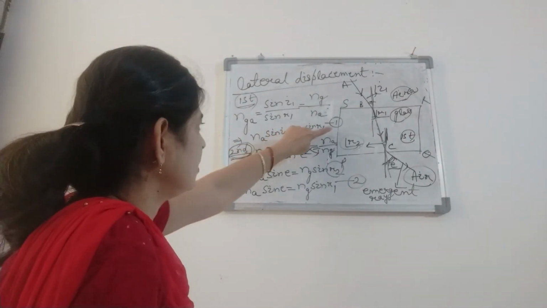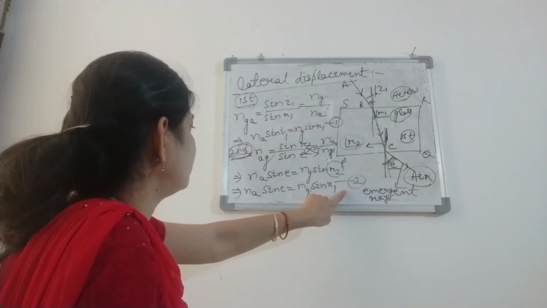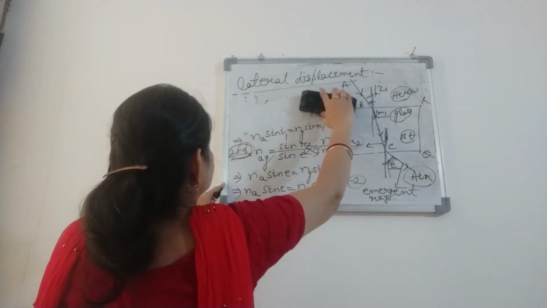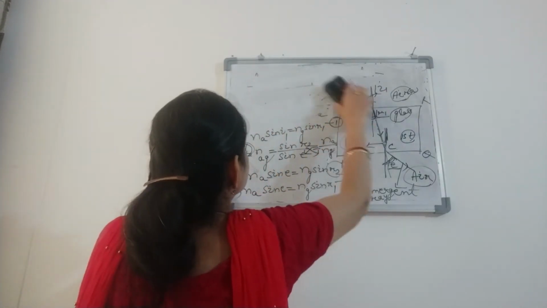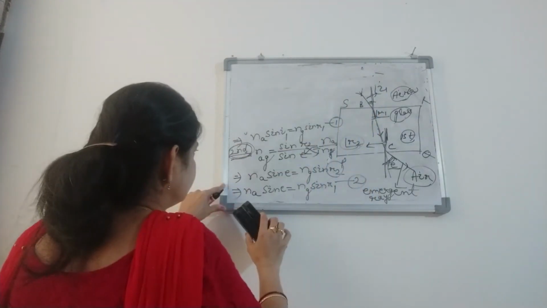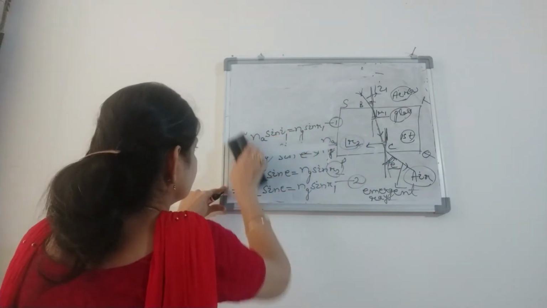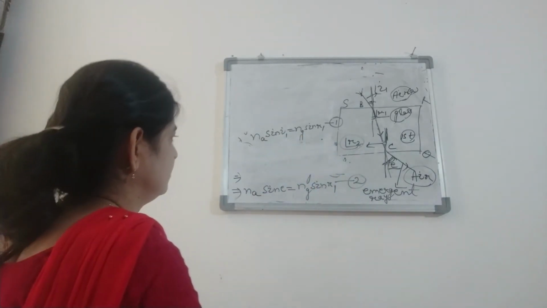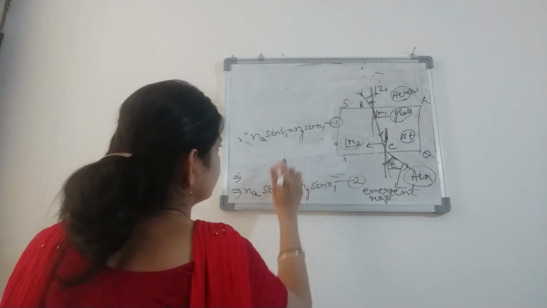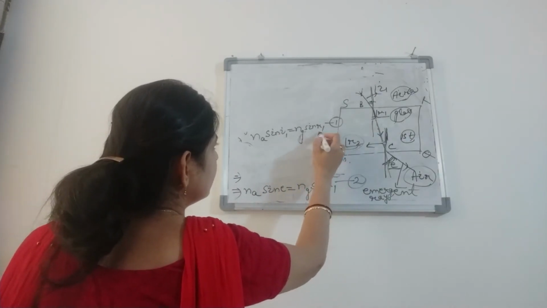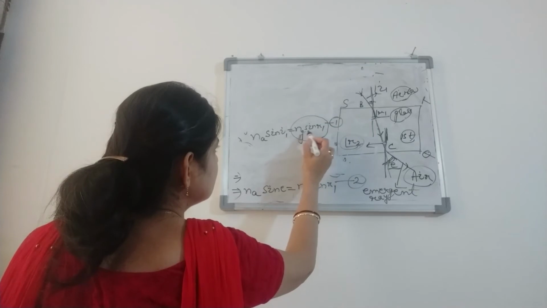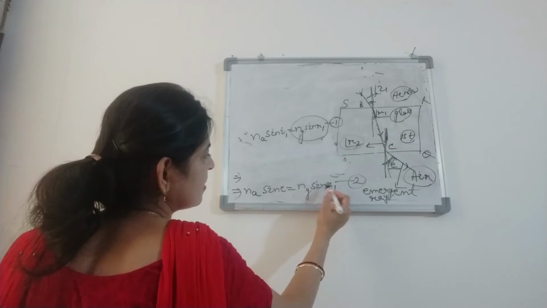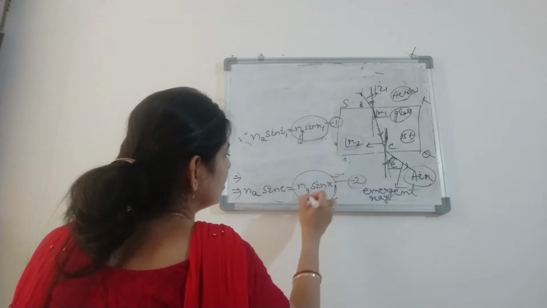Now compare equation number 1 and equation number 2. The right hand side of equation number 1 is NG sine R1 and the right side of equation number 2 is also NG sine R1. Both are equal.